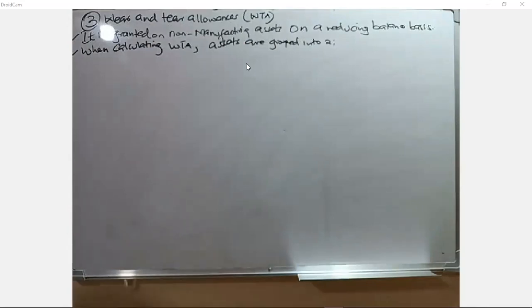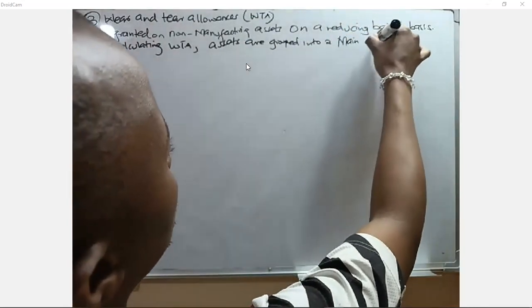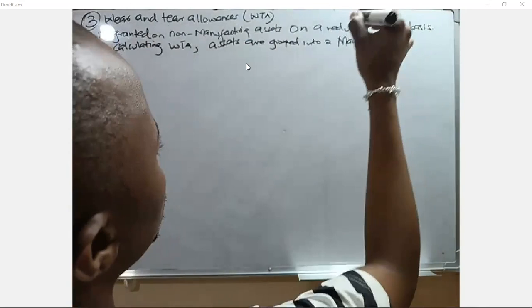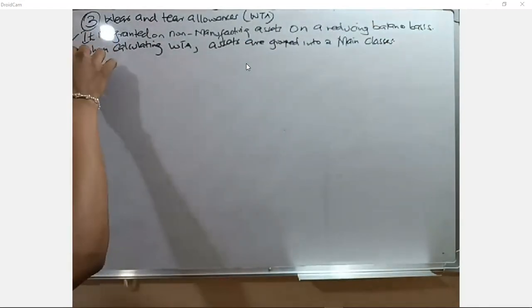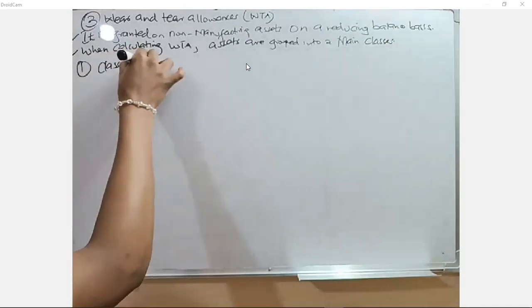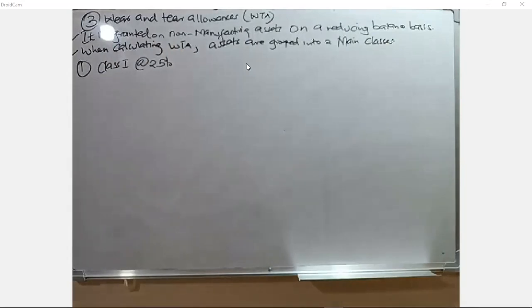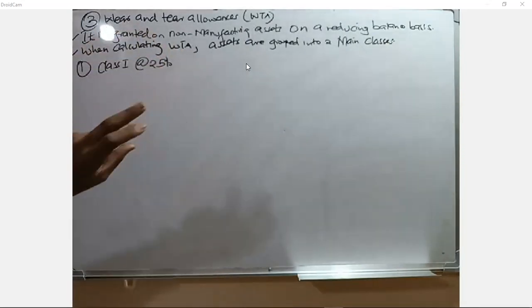We can talk of two main classes, because we are dealing with classes here. So let us start with class 1, at the rate of 25%, right? I remember we had some notion before, whereby the wear and tear allowances had 4 classes.